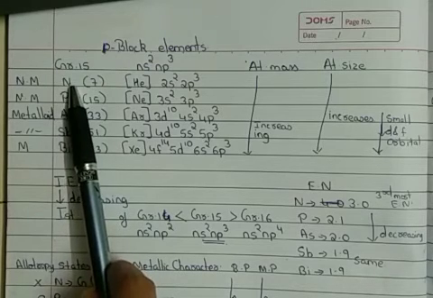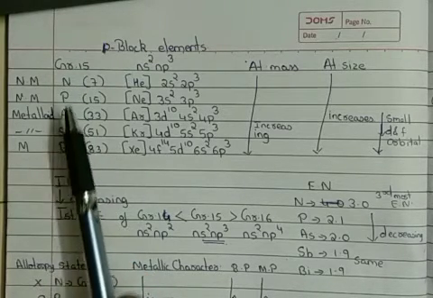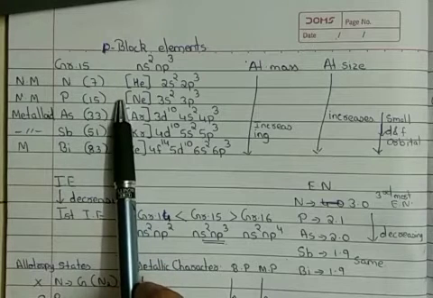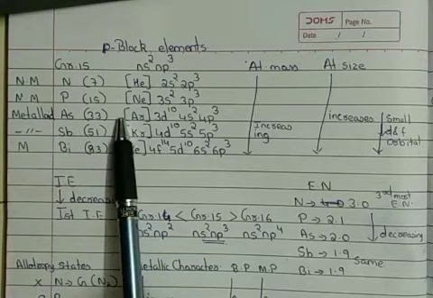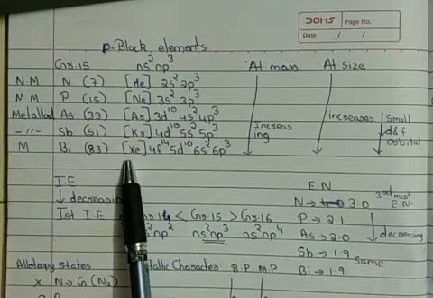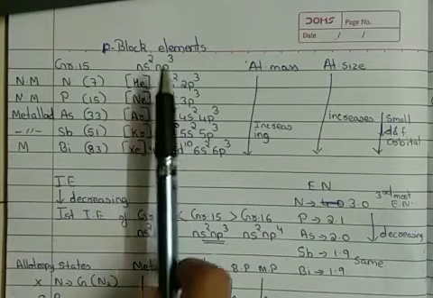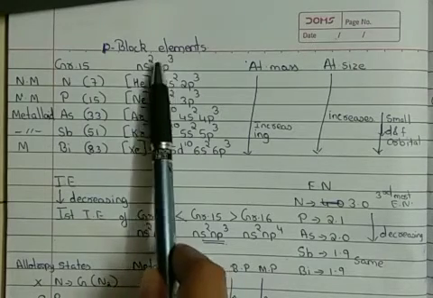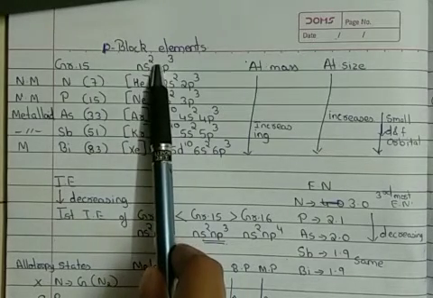So these elements start from the second period onwards. For nitrogen n value will be 2, for phosphorus n value will be 3, for arsenic n value will be 4, for antimony n value will be 5 and for bismuth n value will be 6. Okay, so its general configuration will be ns2 np3, that is 5 electrons in its valence shell.